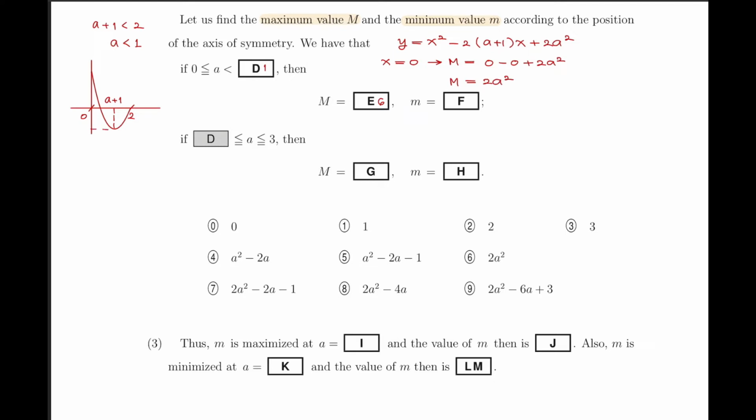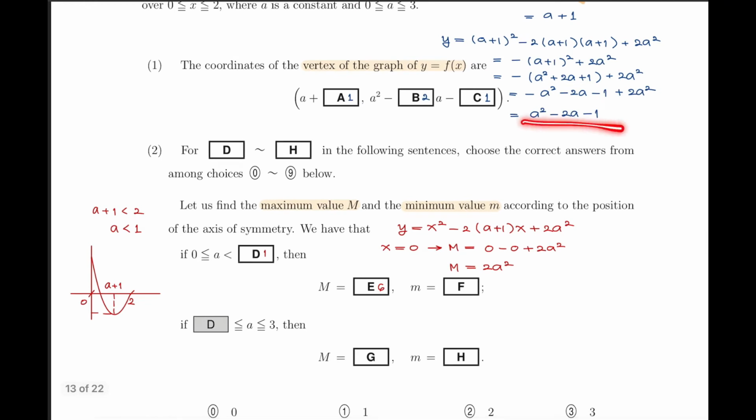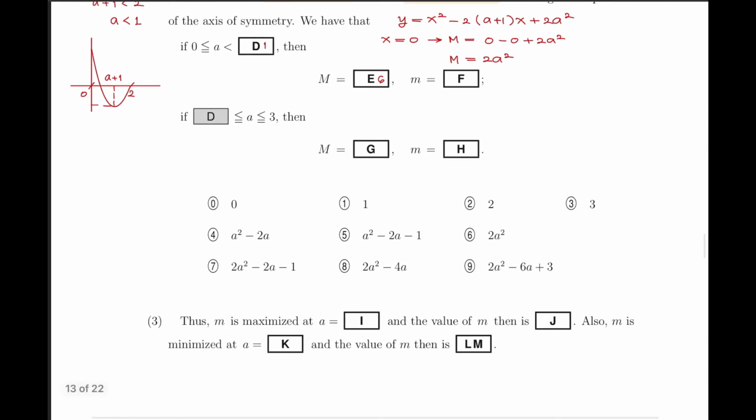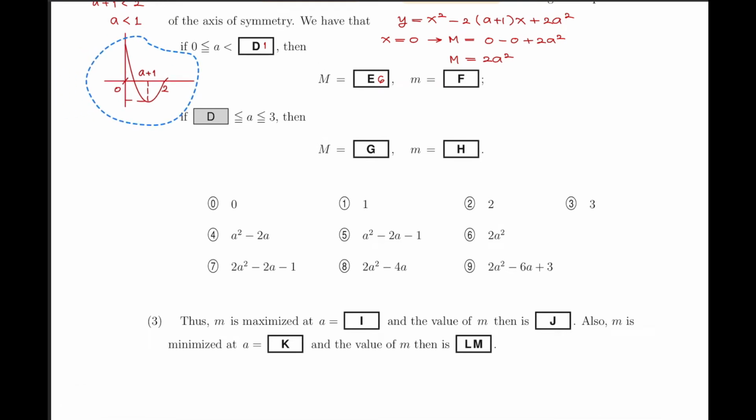So when x equals A plus 1, the y coordinate, which is the minimum value in this case, is A squared minus 2A minus 1. This is the value of m. So the minimum value is A squared minus 2A minus 1, and I will obtain this answer in number 5. So letter F is 5.